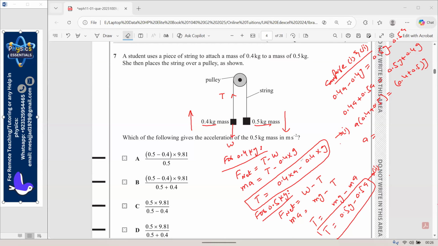Oh yeah, I believe it has to be positive. Apologies. Yeah, it has to be this, and when it goes that way, it has to be negative.